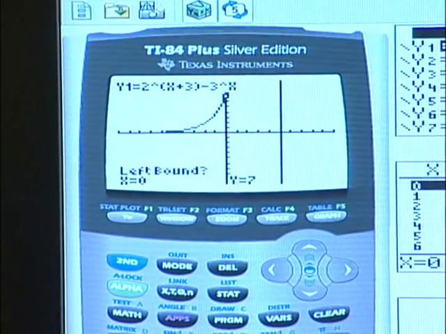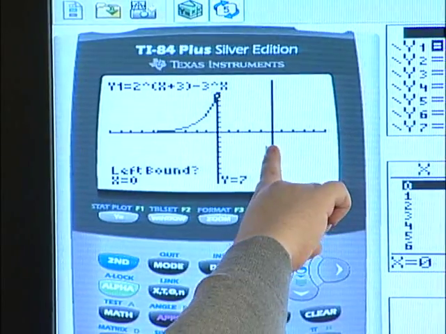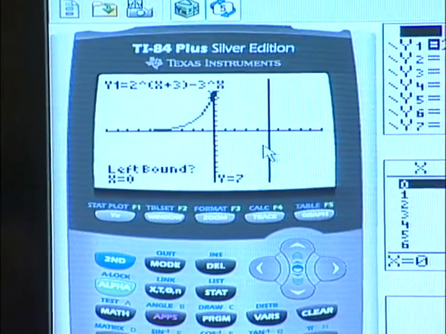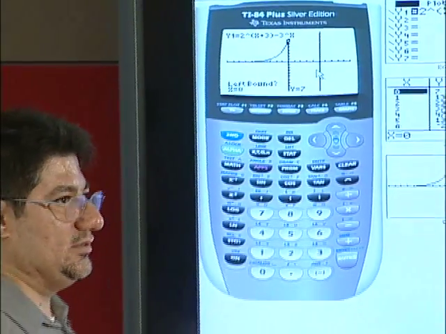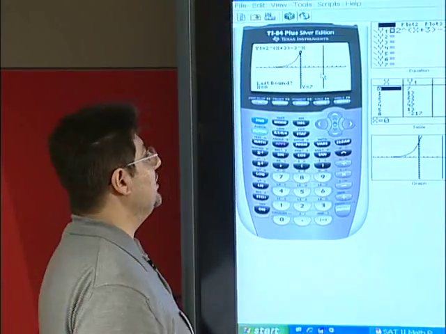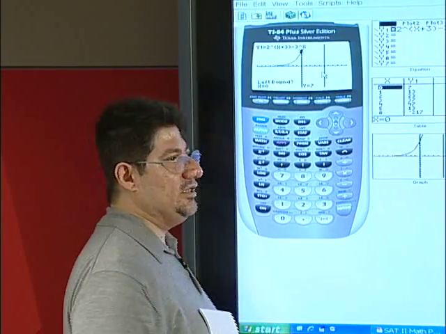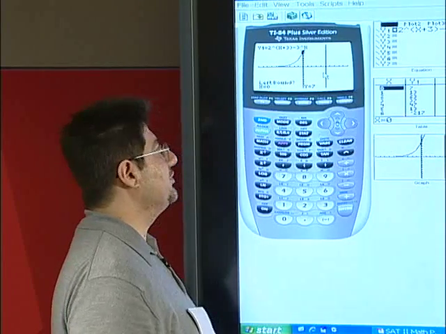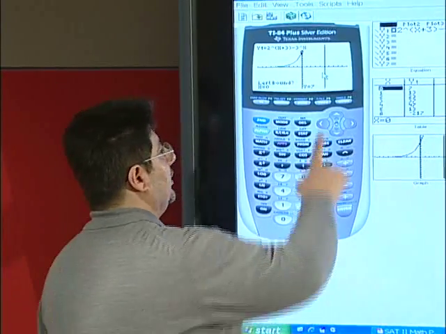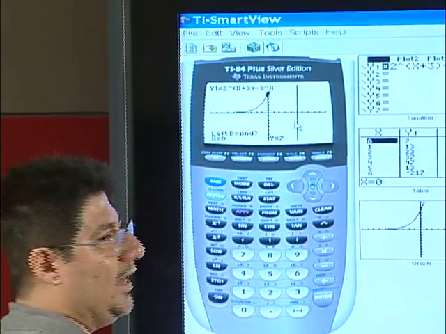Okay. The x-intercept that we would like to find is here. However, the left and right bounds are not very visible yet. So what we can do is, instead of moving to the left and right bound with the cursor, we can enter the left and right bound. This appears somewhere at 5.